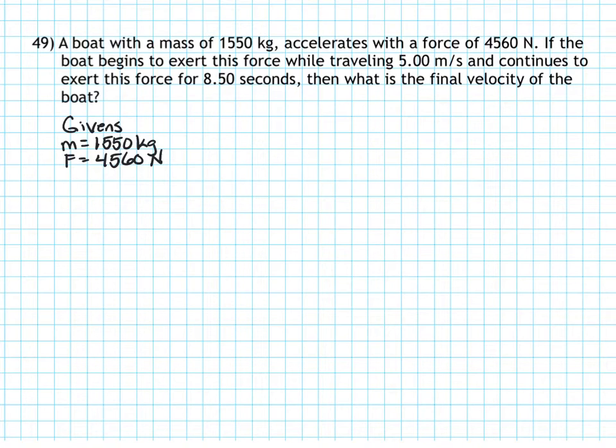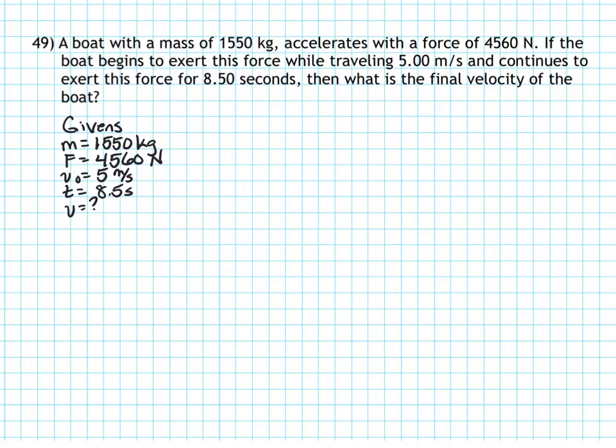It begins to exert the force while traveling at 5 meters per second, so that's the initial velocity, 5 meters per second. It continues this force for 8.5 seconds. T is 8.5 seconds. And I'm looking for the final velocity.